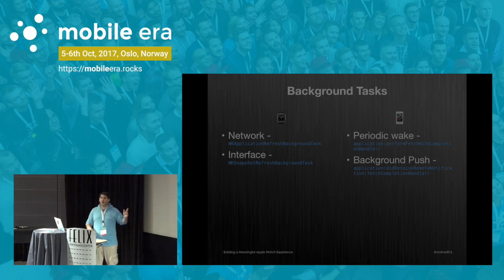The thing that I think people underestimate when doing background tasks for watch development is that you can also leverage the background tasks on your iPhone app. This is really important because, particularly for these network requests, at least right now, the way Apple's done it, just from personal experience, background refresh on iPhone happens a lot more regularly throughout the day than your background task on your watch will get fired.